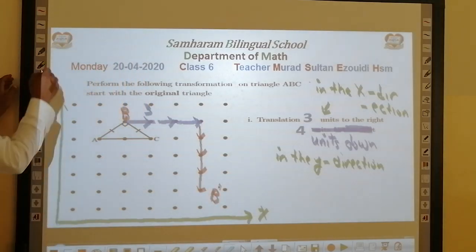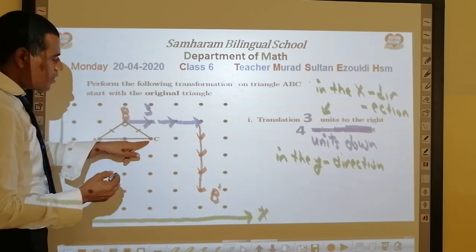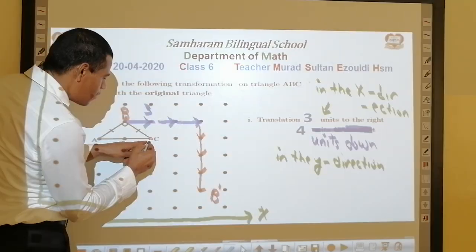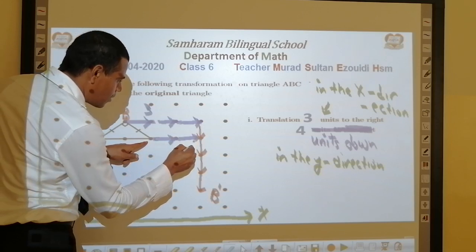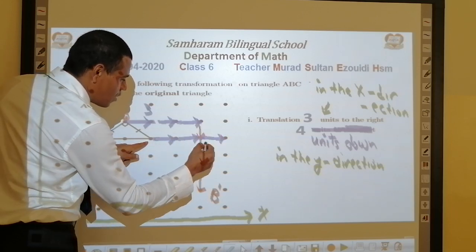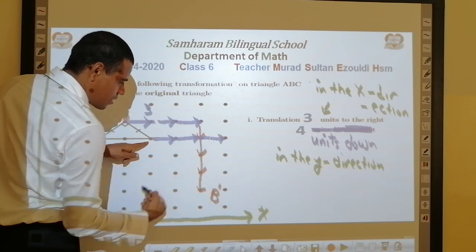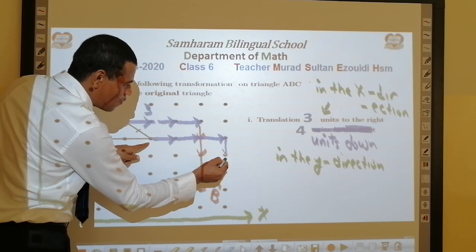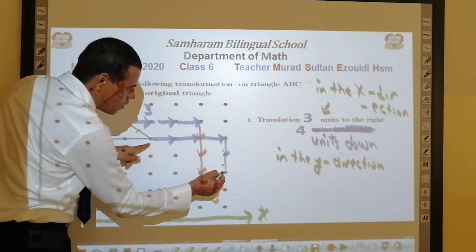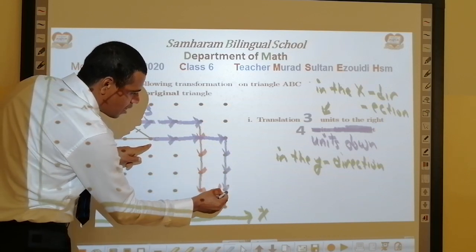And for the point C, I will move 1 unit, then 2 units, then 3 units to the right in the x direction. Then I will move down 4 units in the y direction.